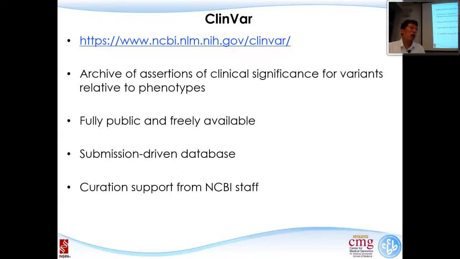Sometimes, as always in the scientific community, we may have conflicting results. So actually in ClinVar, for every variation, they will have different levels. Which one has been validated, curated by the NCBI staff? Those are normally the highest level of confidence for those variants.